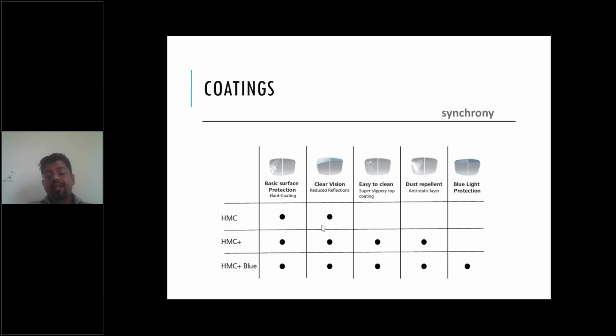Now even in the ARC there are multiple coatings on it, just like you see in the HMC plus blue. The basic protection is a hard coat and there is an ARC over it. Then we have another super slippery top coating. Again there is an anti-static layer above it. Then above it there is a blue light protection. So these all also come under the new types of lenses that are already available in the market.